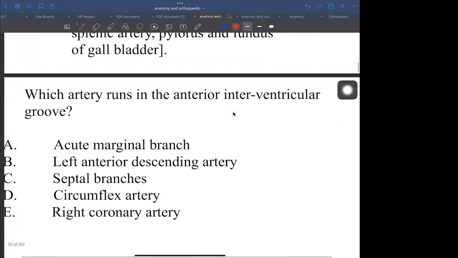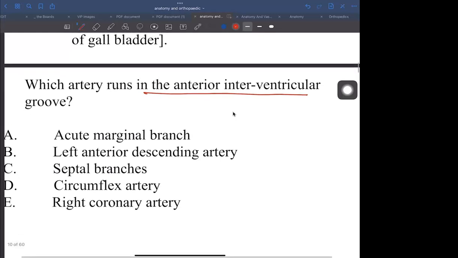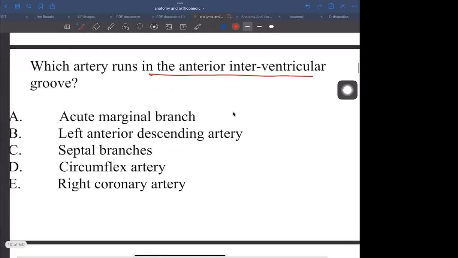Artery runs on the anterior interventricular groove. So this is the blood supply of the heart, which we did not explain today, but that's something that we're expecting you to read as well. Is it the circumflex artery?